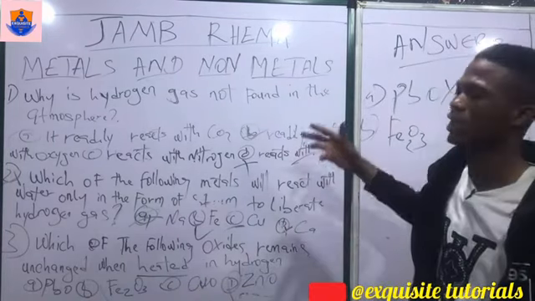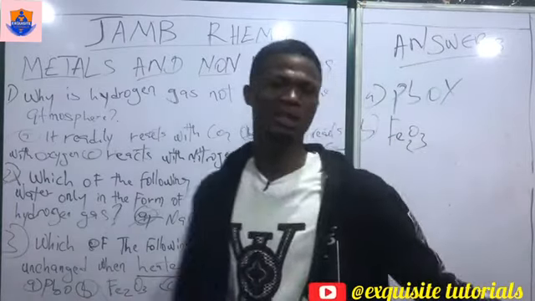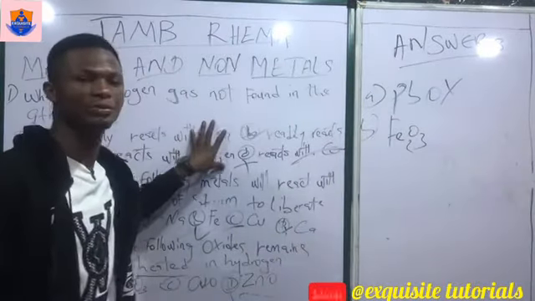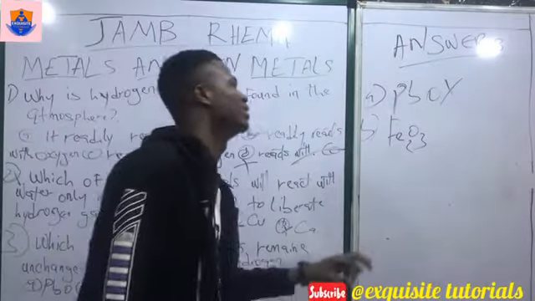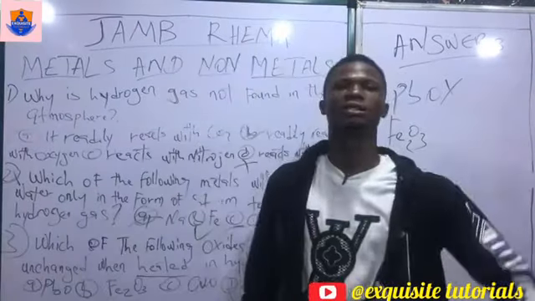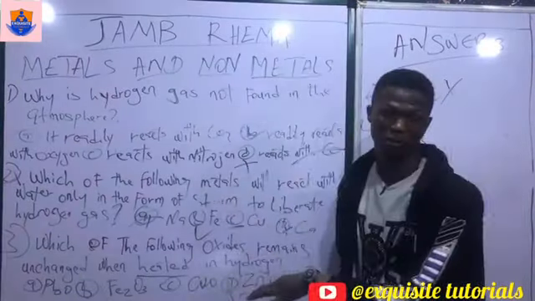Make sure you understand this electrochemical series. It's going to come out. This is one of the major questions that comes out in your metals and non-metals. Most times they always give you hydrogen.